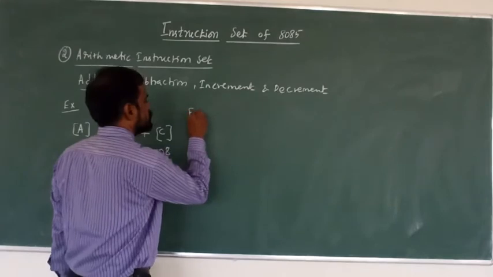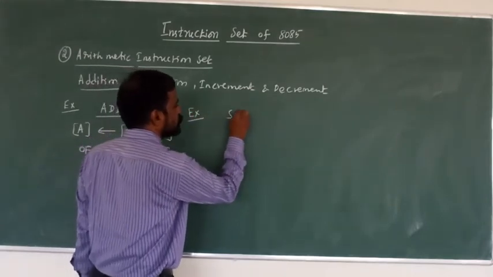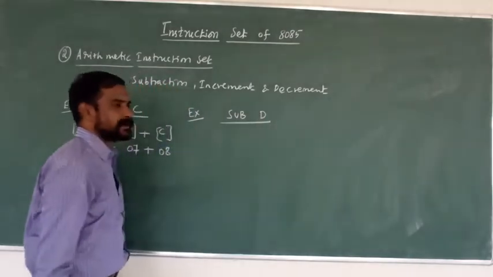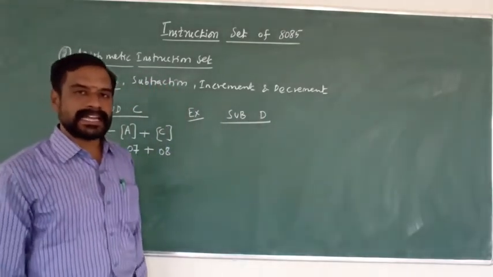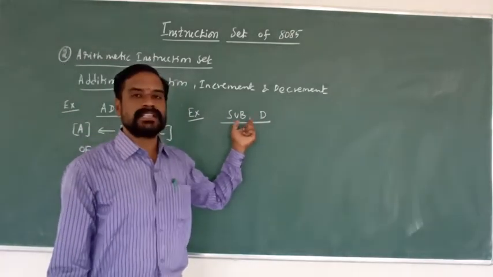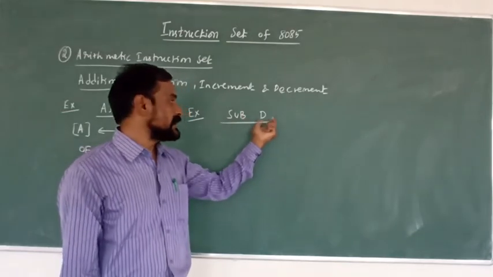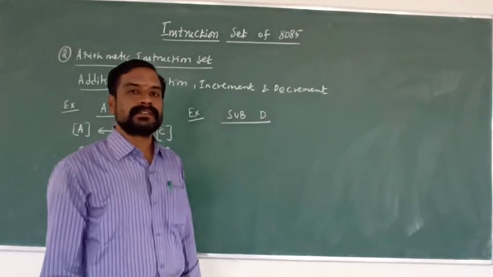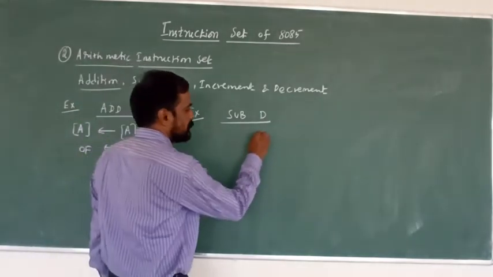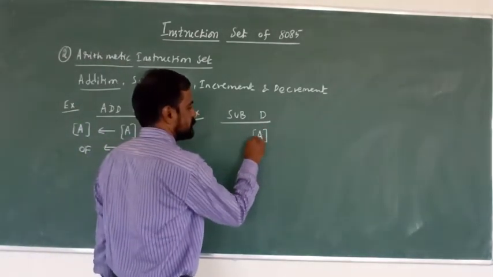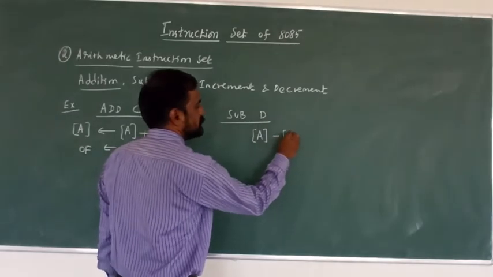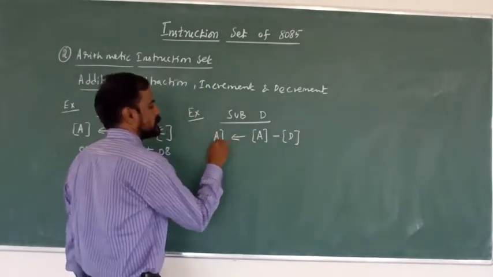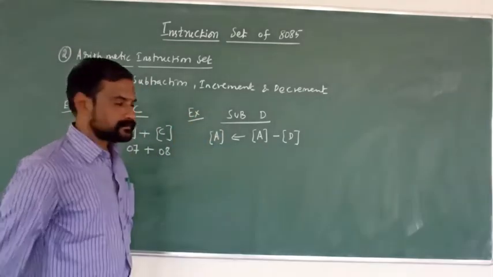Subtraction, SUB D. SUB means to subtract two 8-bit data. Data 1 is always the accumulator, the second data will be any one of the general purpose registers. Now accumulator data subtract with D register data, that result moves to A register.